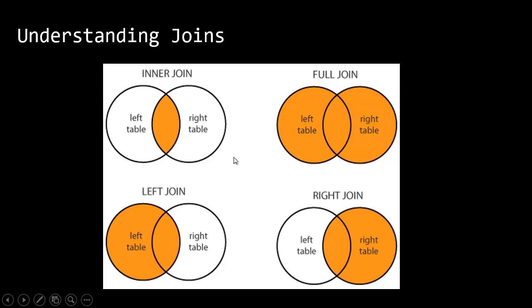So in this case, we look at our inner join. Once again, we have a left table and a right table. What do we mean by that? Well, basically left and right is which table we write in our from clause first versus the table we write second. The first one is considered the left table. The second one is considered the right table.